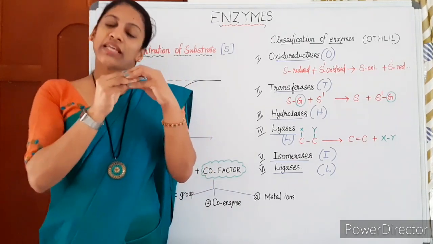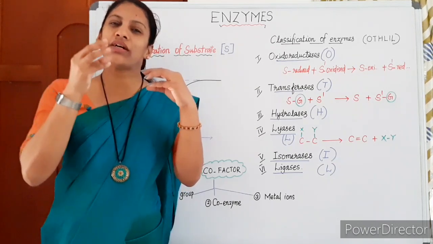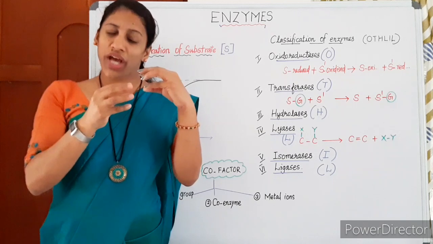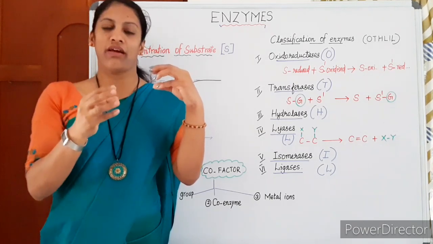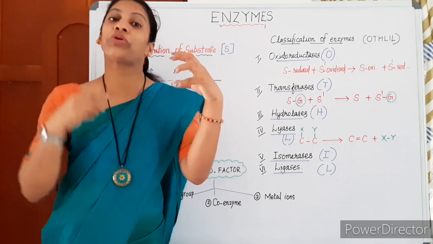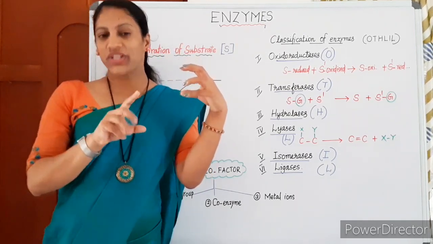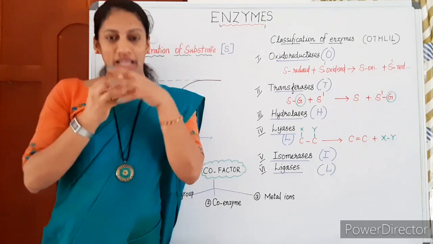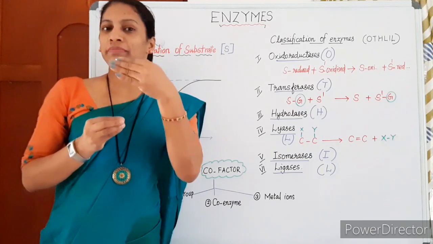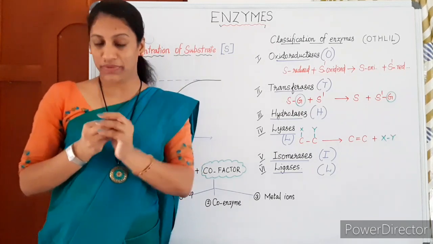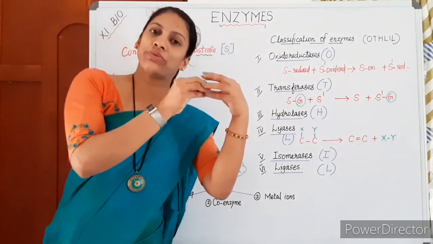Then suppose there is some other molecule similar to this substrate, with a similar structural configuration. Then this enzyme site can be occupied by that other molecule too. Just imagine another molecule with the same structural configuration as the substrate. If so, that molecule also can come and bind to the enzyme.